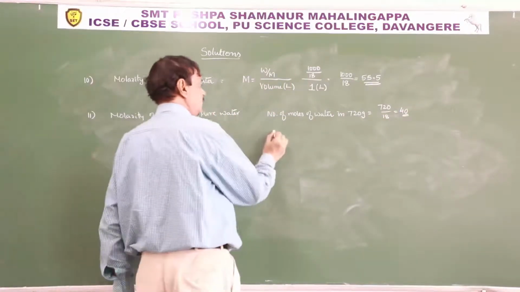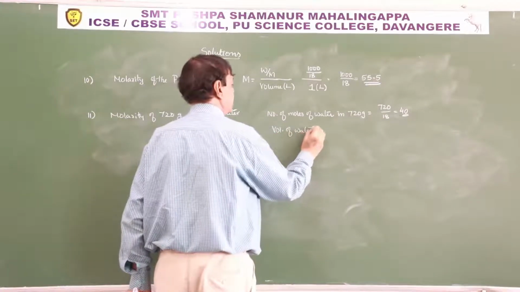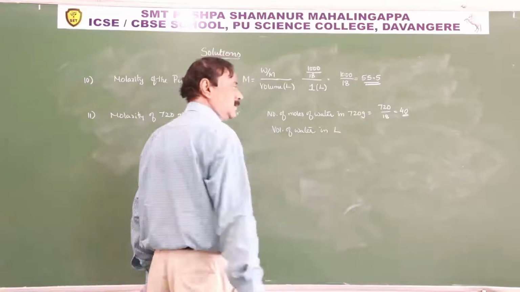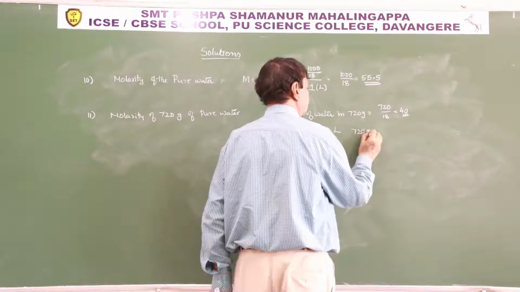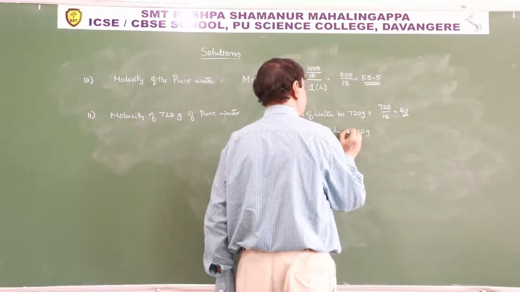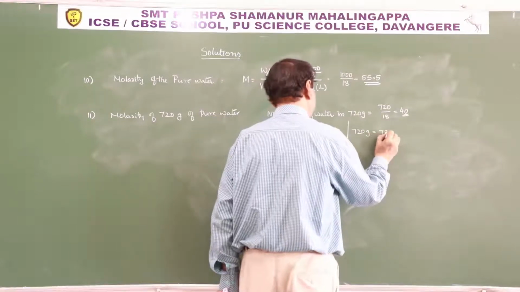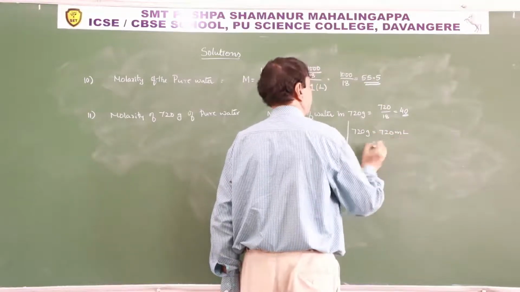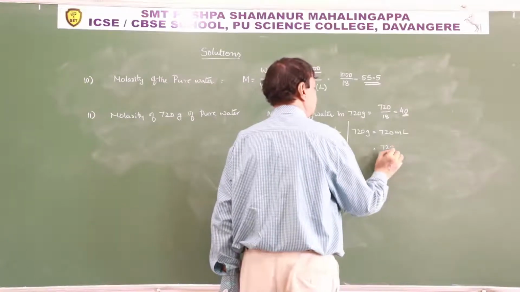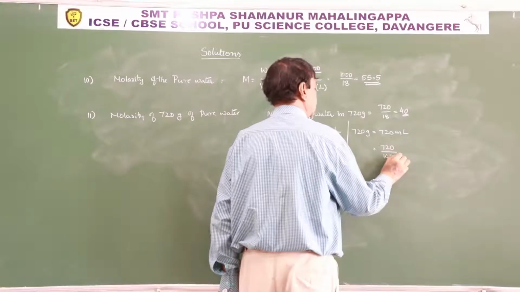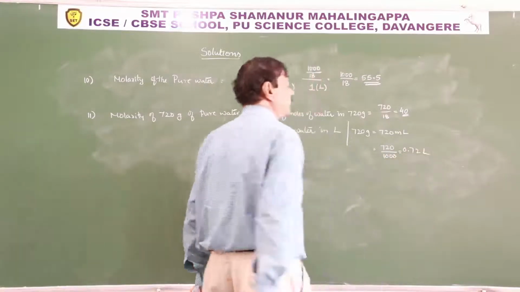And the volume of this water in liter: since 720 gram is equal to 720 ml of the solution, volume is 720 divided by 1000, that is equal to 0.72 liter.